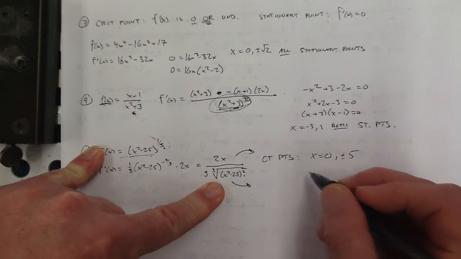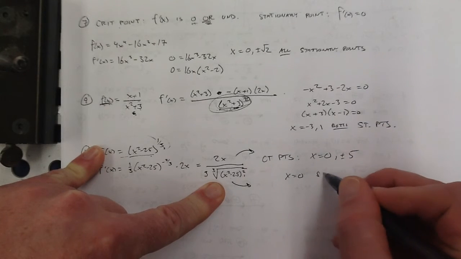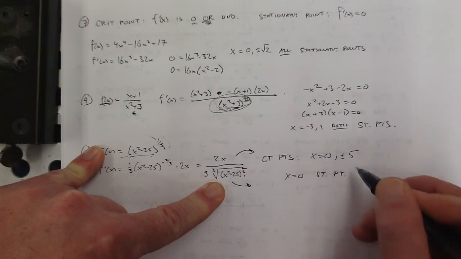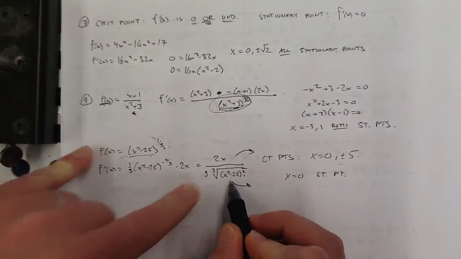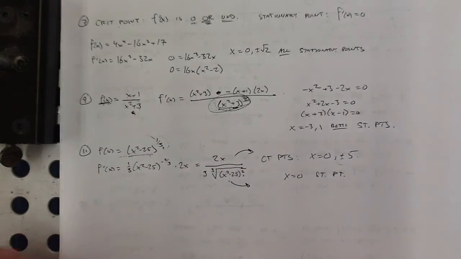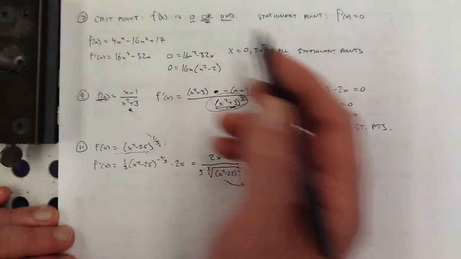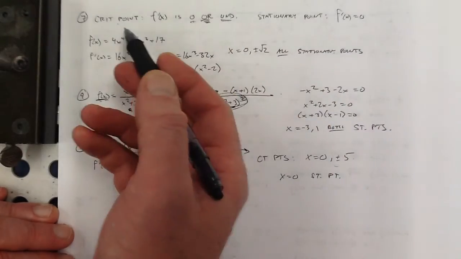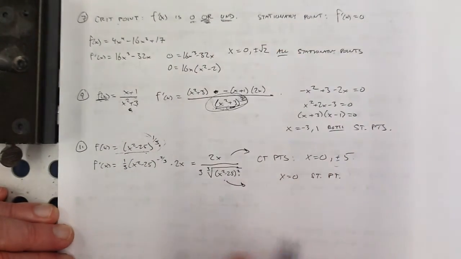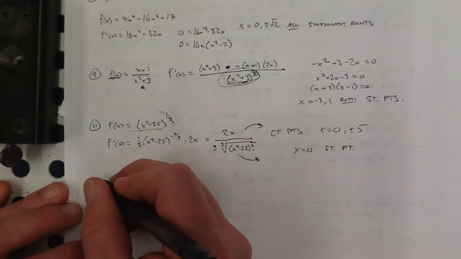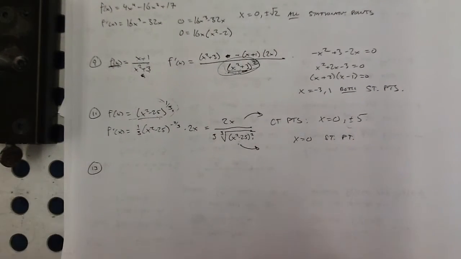The 0 is the stationary point, and these two are undefined. If you want to see what that function looks like, go ahead and graph it in your calculator, and you'd start to get an idea of what it means for a function to have a point, but for the derivative to be undefined there. I think that's probably a good idea to do.